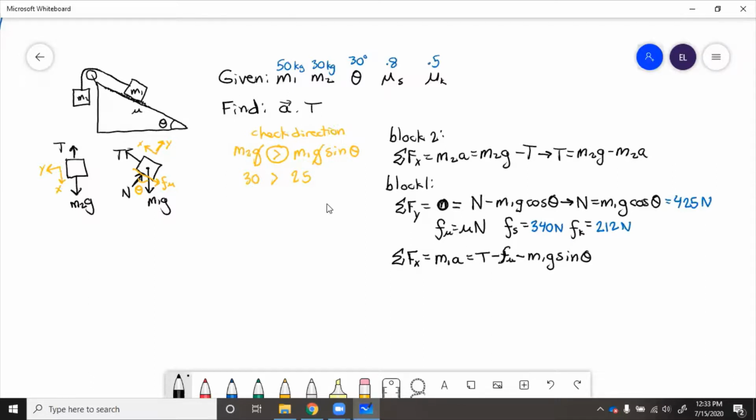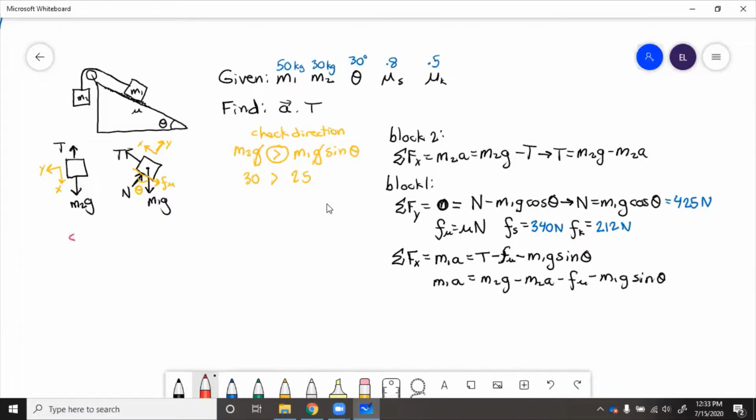So if we take the tension equation and we put that into here, then we'll have m1a equals m2g minus m2a minus friction force minus m1g sine theta.